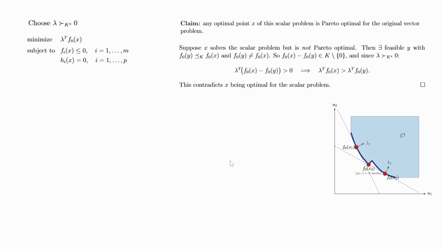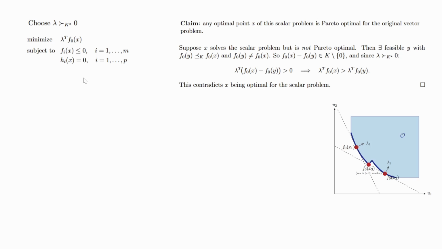Okay, so let's look at the geometric picture of what's going on. So solving the scalarization problem here, what you're really doing is you're finding a supporting hyperplane to the feasible set at x. I keep saying optimum, but it's the feasible set.